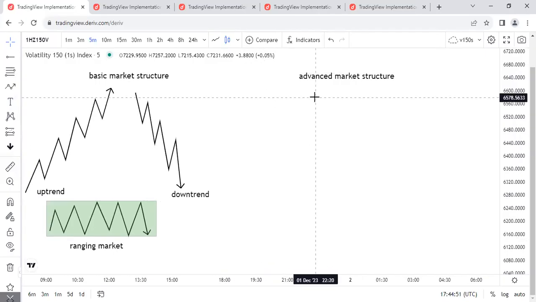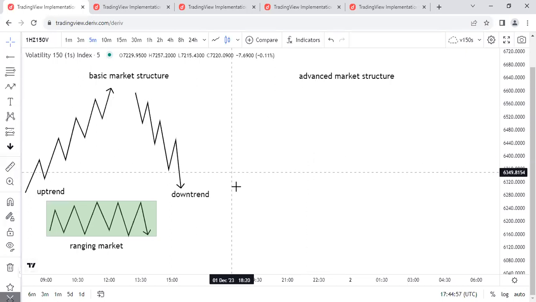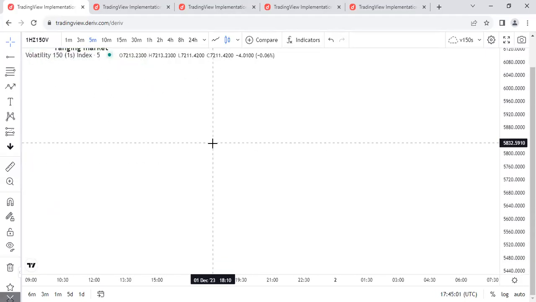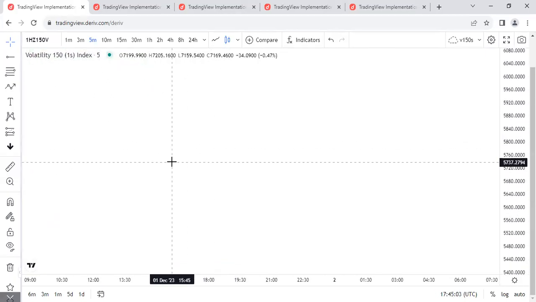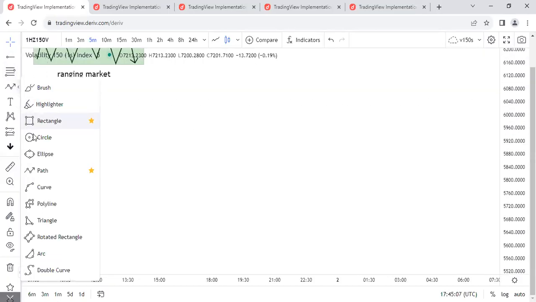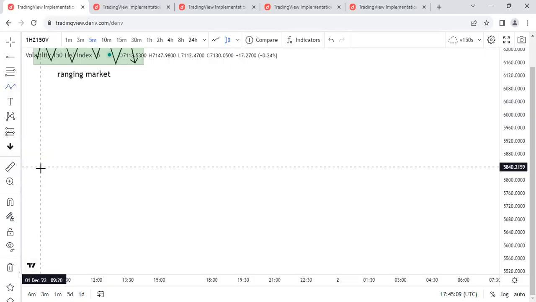Now, we have what we call the advanced market structure. But before I go into advanced market structure, I want to talk more on this basic market structure. In this basic market structure, this is where we have our support and resistance.